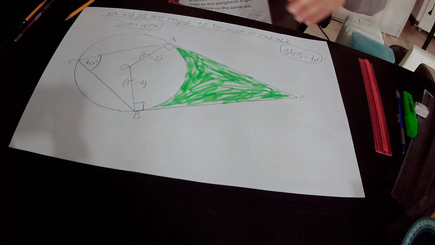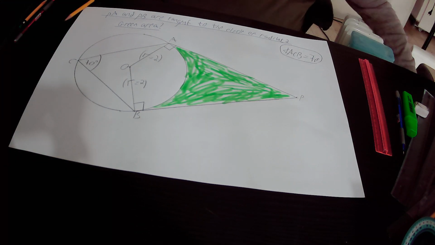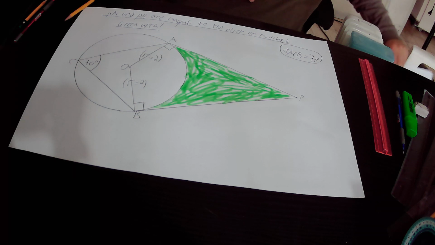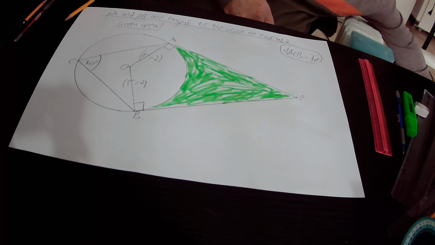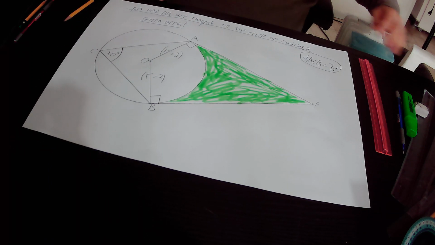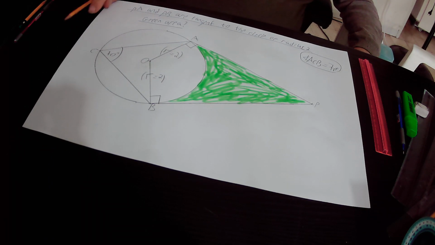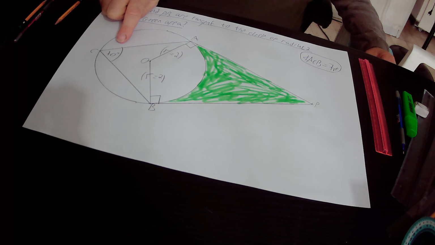We can implement rule 13 in our drawing. Why? Because in our drawing we have peripheral angle ACB that is equal to 70 degrees, and this peripheral angle ACB is subtended on arc AB.